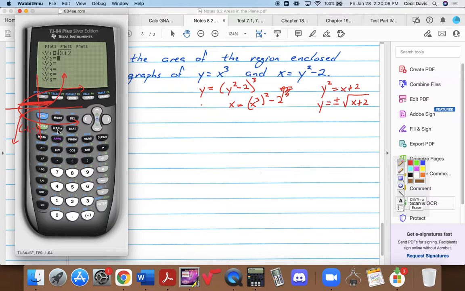And this is x cubed. And there's where they intersect.